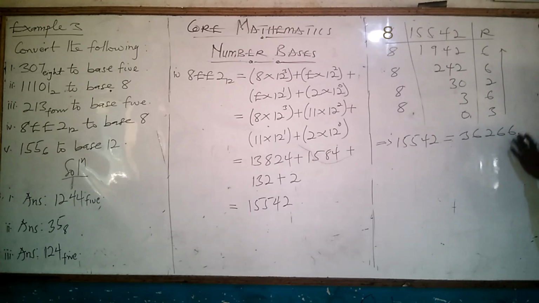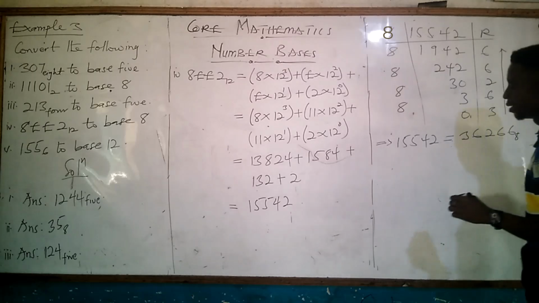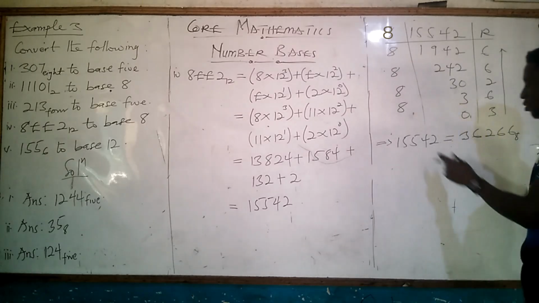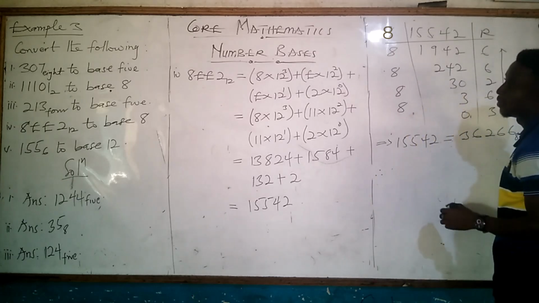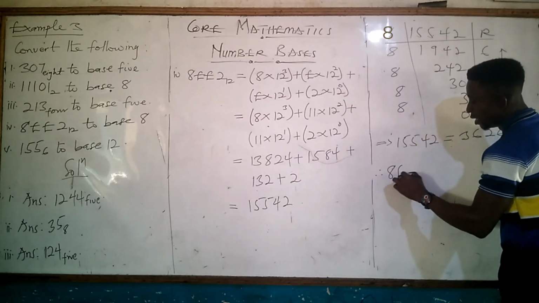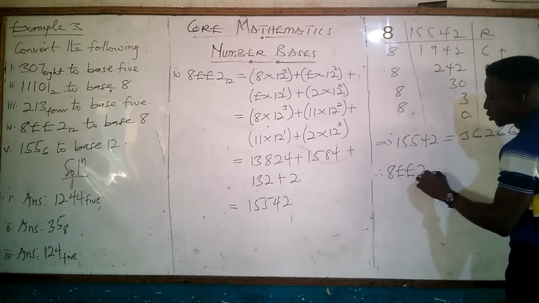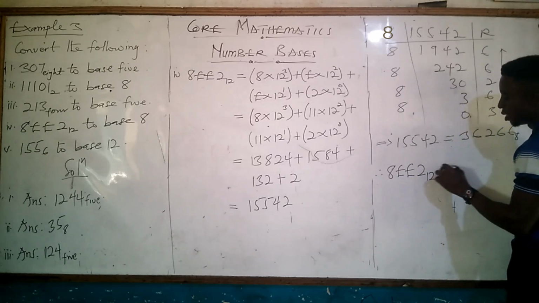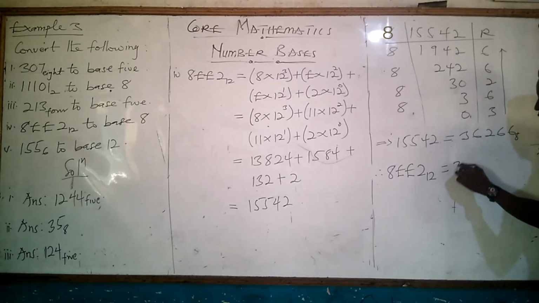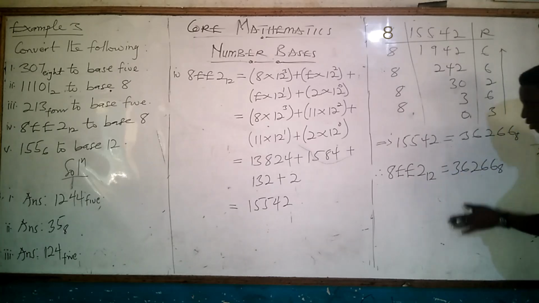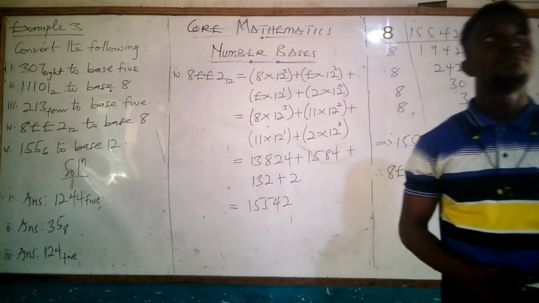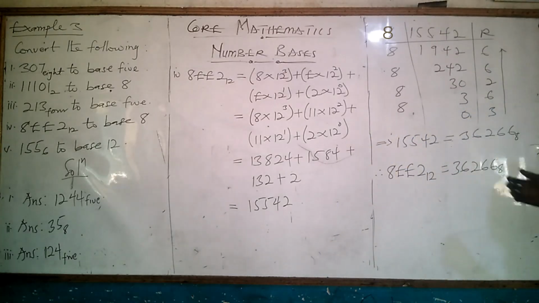Are we getting that? So this is equal to that. So therefore, what was given? 2 base 12 is equal to 3, 6, 2, 6, 6 base 8. Please, are we getting that? Okay. So I think that is that.